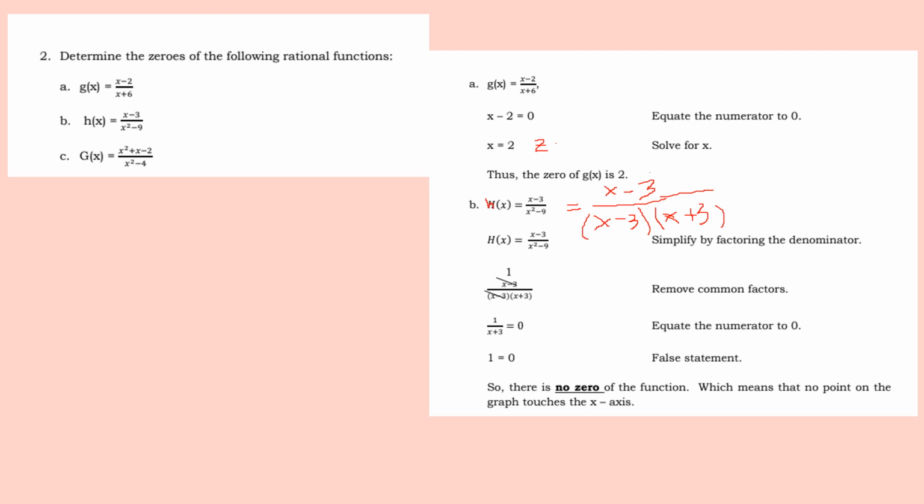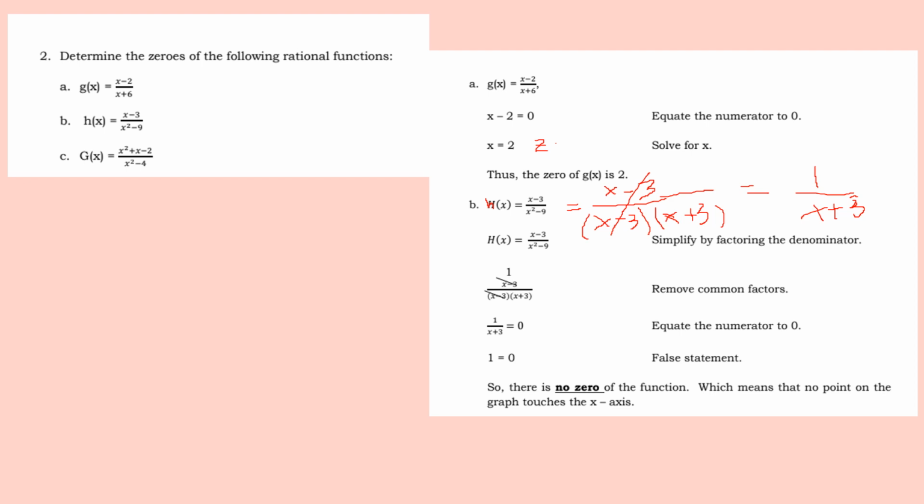Next is, i-cancel natin to. Wala nang natira sa numerator, so there is 1, automatic 1, all over x plus 3. Yan ngayon ang pagbabasingan mo sa pagkuha ng iyong zeros. So, paano, ma'am? I-equate mo tong 1 over x plus 3 to 0. 1 over x plus 3 is equal to 0.